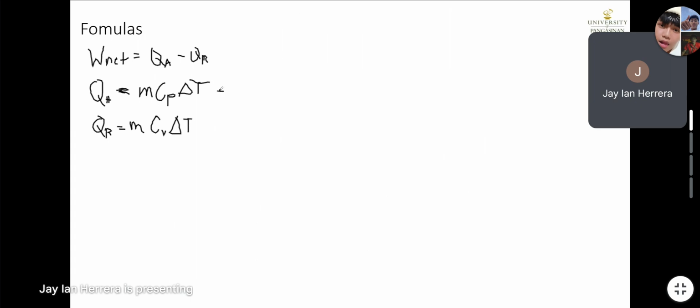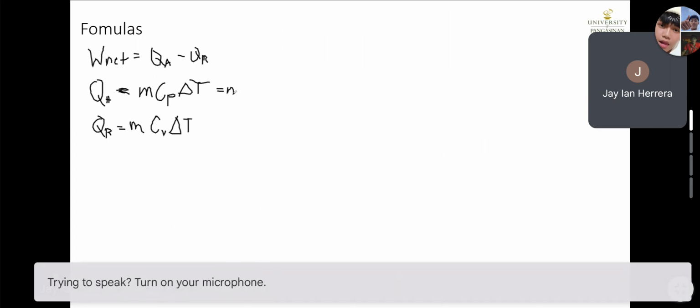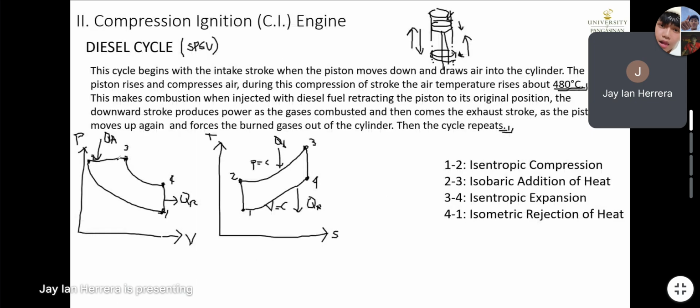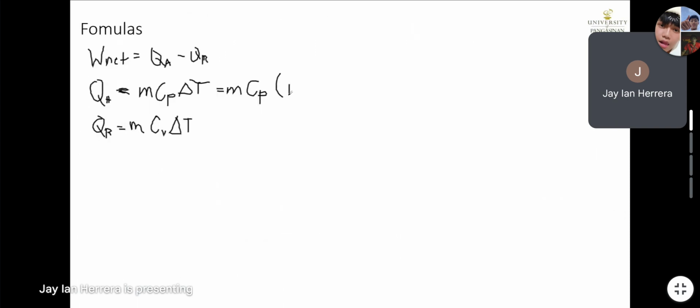So ano yung delta T natin? So for QA or for heat addition, MCP, our delta T is at process 2 to 3 kasi tayo. So if i-relate natin yan sa ating TS diagram, our process 2 to 3, mas mataas yung temperature 3 natin kaysa sa temperature 2. So that is MCP times T3 minus T2.